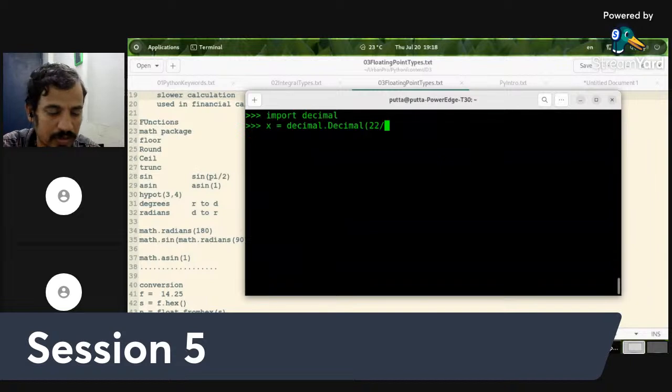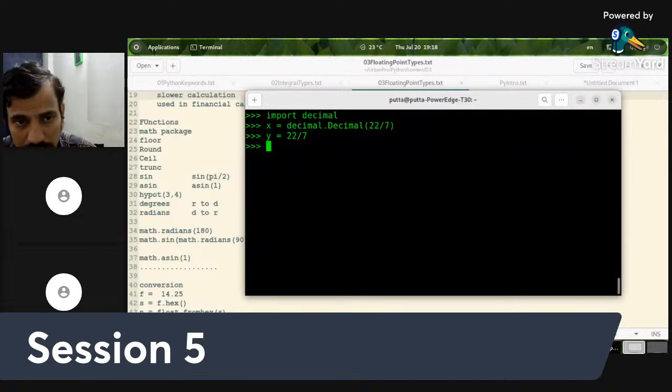Let's say I want to store the value of pi. y is equal to 22 by 7. What is the type of y now? How do you find out the type of a variable?